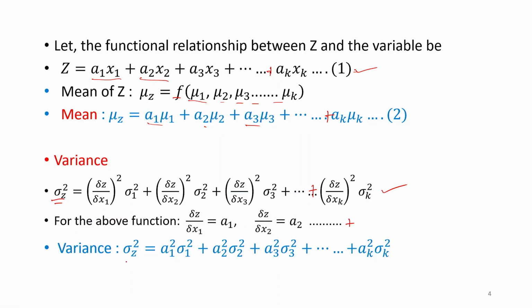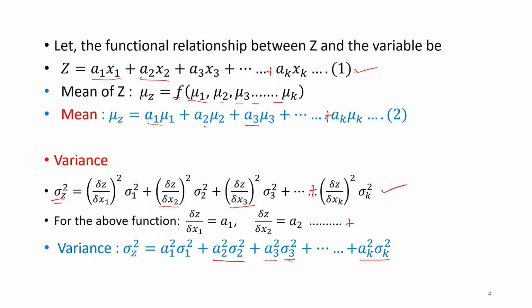So sigma squared z is going to be a1 square sigma 1 square, a2 square sigma 2 square, because all these partial derivatives have to be squared. Then a3 squared sigma 3 squared, and the last one will be ak squared sigma k squared.